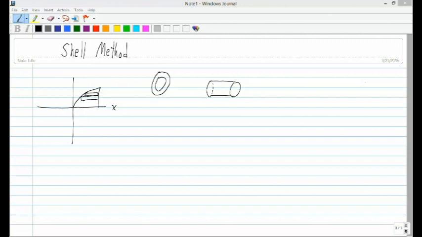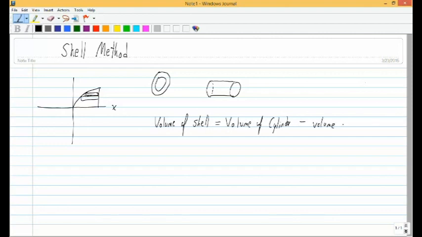And so the formula that we end up using for the volume of a shell is going to equal the volume of the cylinder minus the volume of the hole inside.